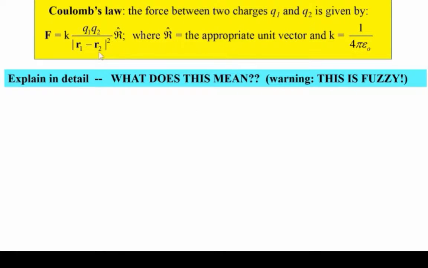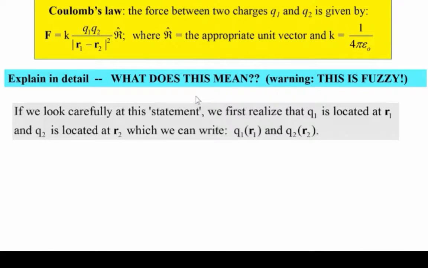Starting with what I just gave you, this definition, what does this actually mean? The warning that I'm giving you is that this is a very fuzzy definition of Coulomb's law, and we're going to refine that quite a bit. The first thing is, if we look carefully at this statement, we've got this Q1, Q2, and we've got this R1, R2, and so we first realize that those give us the locations of Q1, these vectors, and R2 gives the location of Q2.